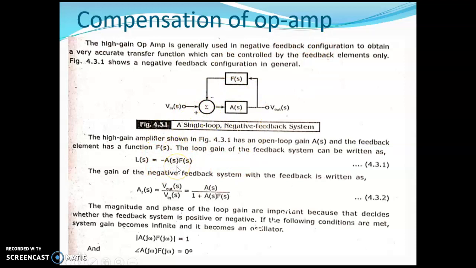The gain factor A_F for the negative feedback is output by input. So you will be taking the values output by input. These are the magnitude and phase shift for this condition, the magnitude and phase shift of the open loop gain.